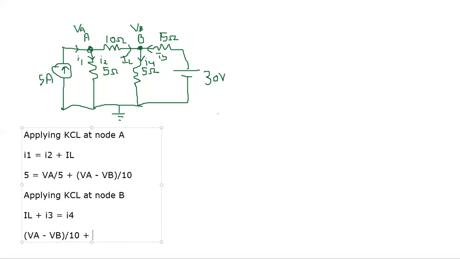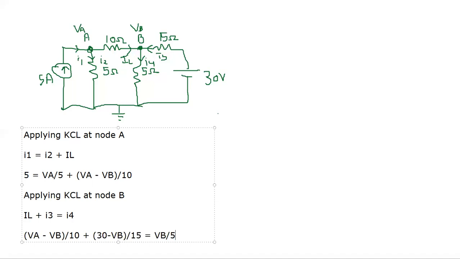What is I3? I3 is 30 minus VB by 15. And this is equal to I4, which is nothing but VB by 5. Okay. So these are the two equations.